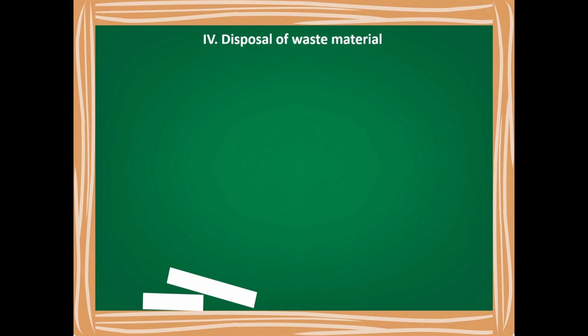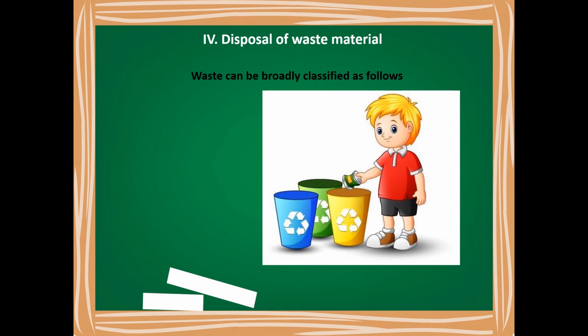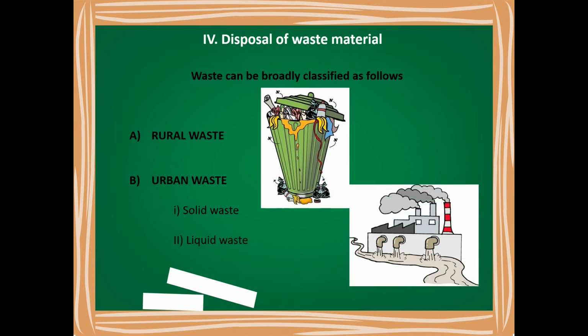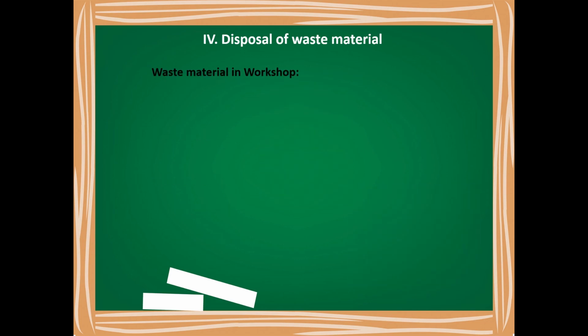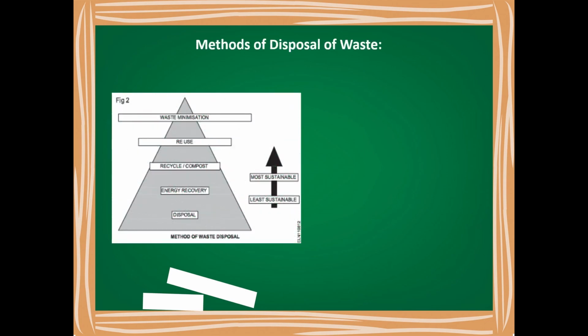Disposal of waste material. Waste can be broadly classified as follows: rural waste, urban waste. Urban waste can be further classified into solid waste and liquid waste. Some of the waste material in workshop are as follows: methods of disposal of waste.